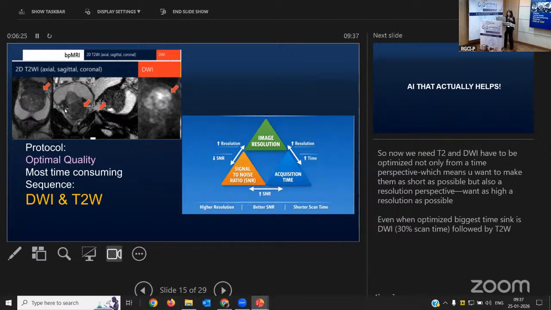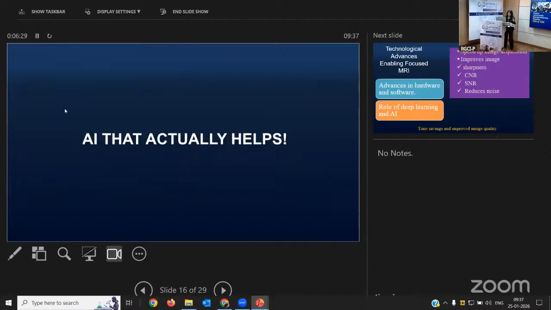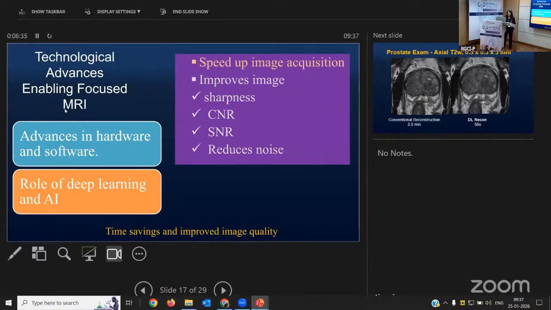We've been dealing with this all our lives, but there's now AI that actually helps. There's AI in the software, in the scanner itself, that can bypass all that triangle stuff I was telling you about. You can bypass the resolution and SNR issue with time, and get sharper images, better SNR, and reduced noise.